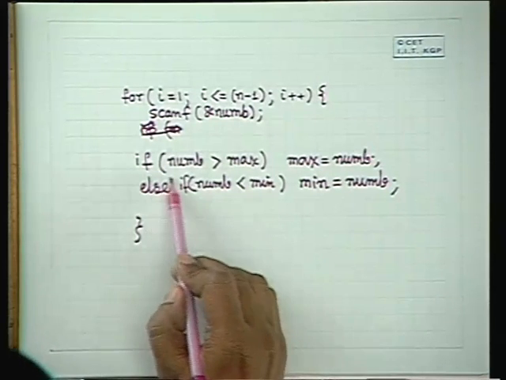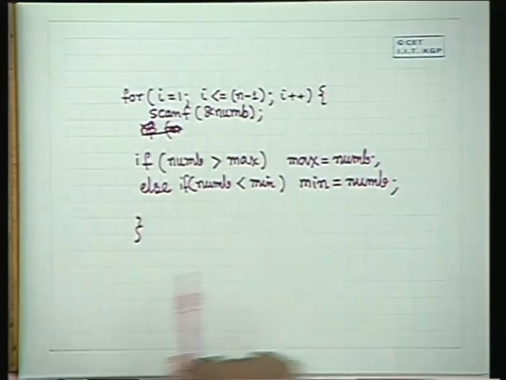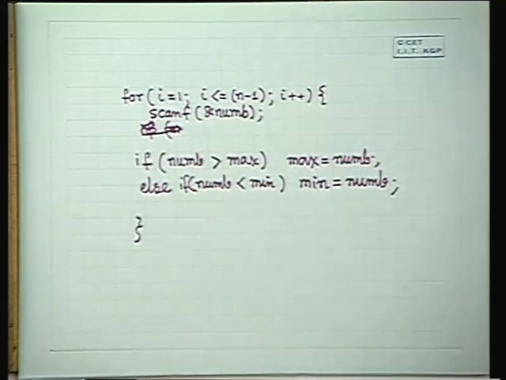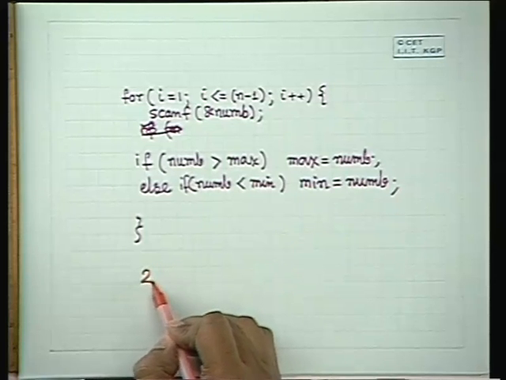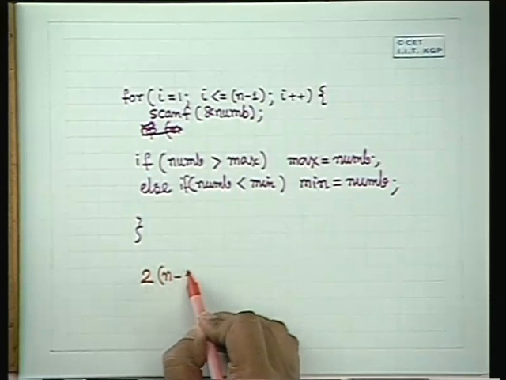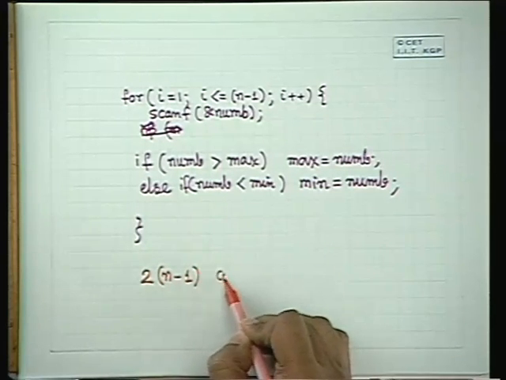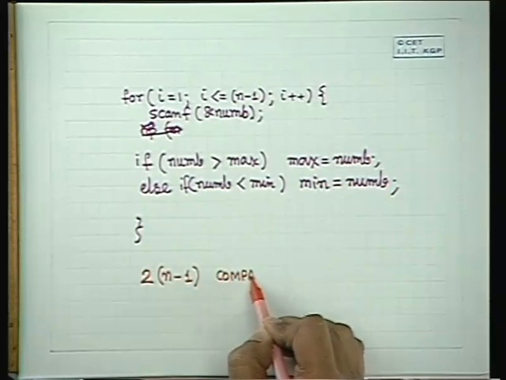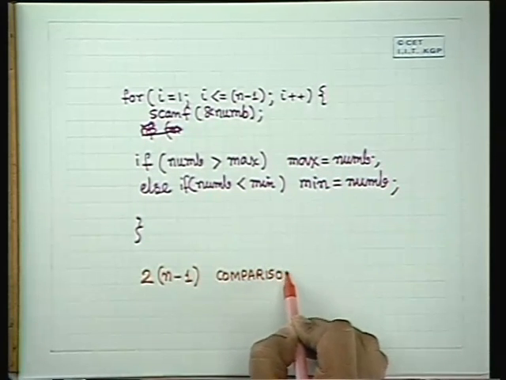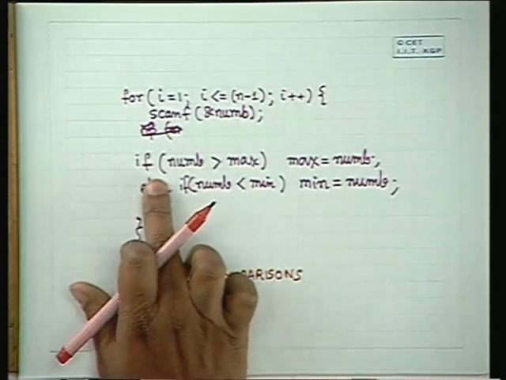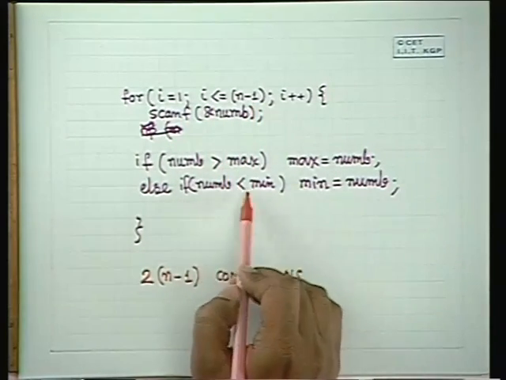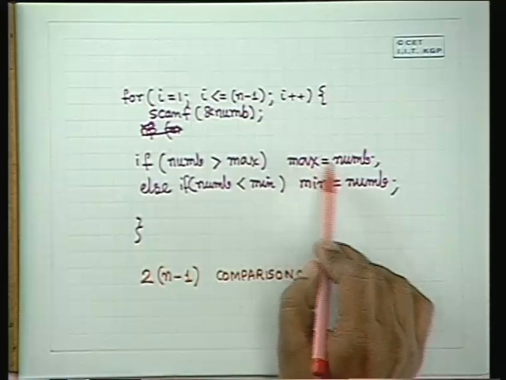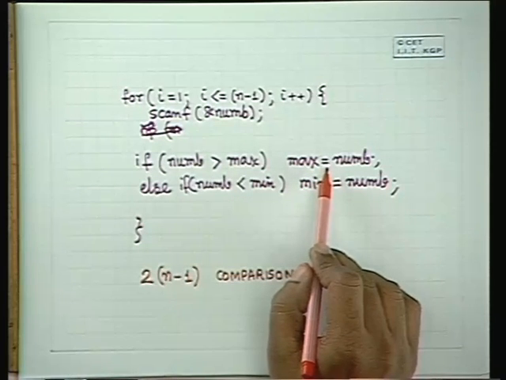Now, in the situation where else was not there, for a total of n numbers, we had to make 2 into n minus 1 comparisons. For 1 to n minus 1, we had to make 2 comparisons, and the possible assignment depended on the value of the comparison.